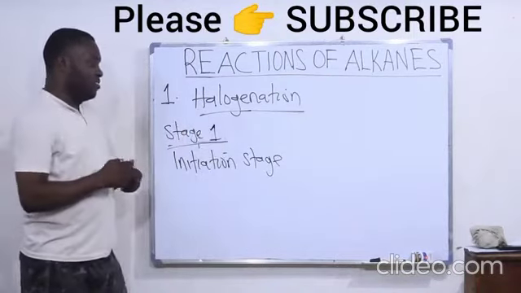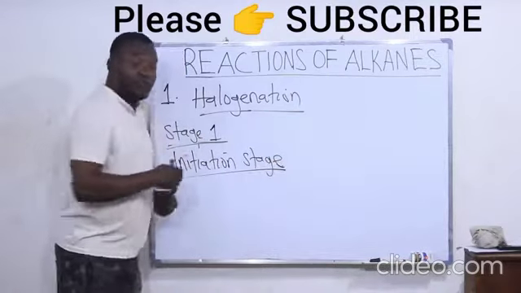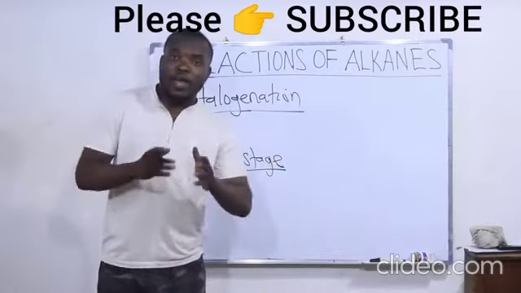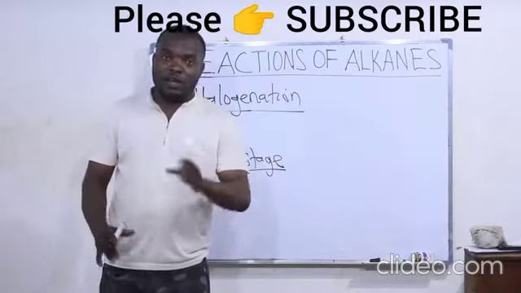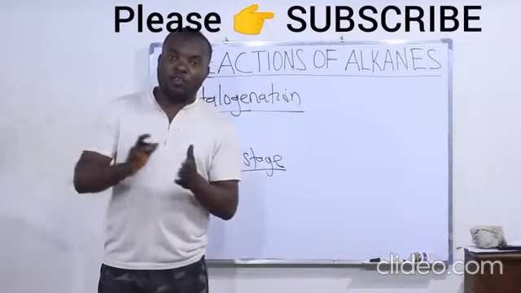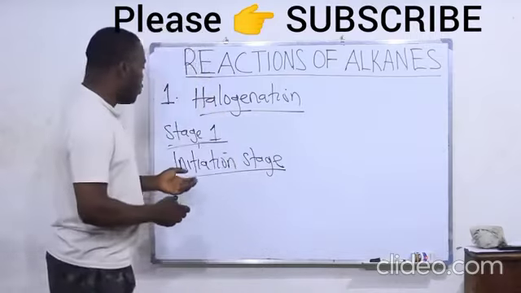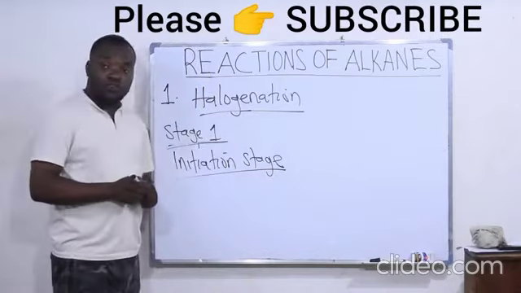What exactly is the initiation stage? Remember, we are talking about the stages of halogenation. Before a halogen can react with an alkane, 3 things happen. There are 3 steps the reaction passes through before the product is formed. Those steps are what we call stages of halogenation.